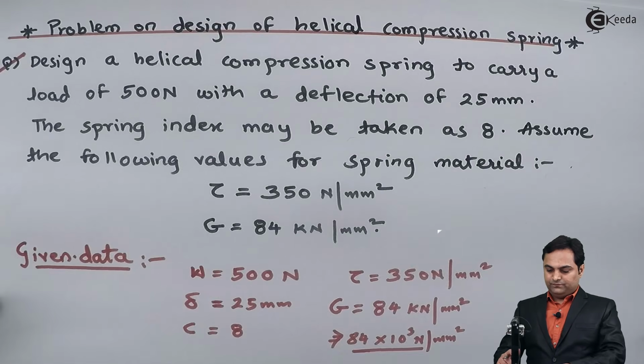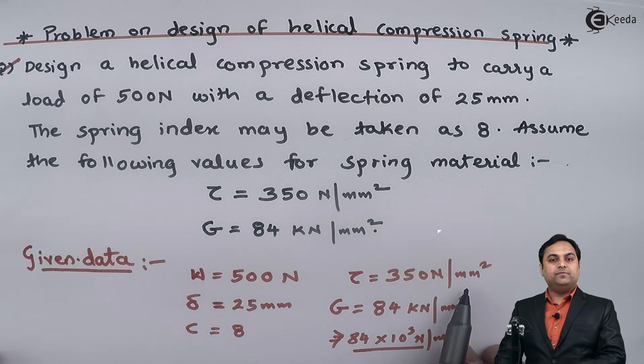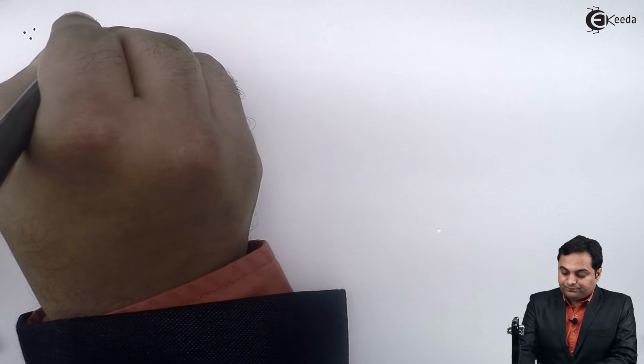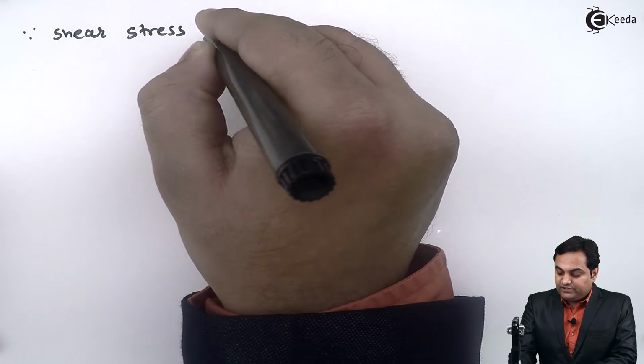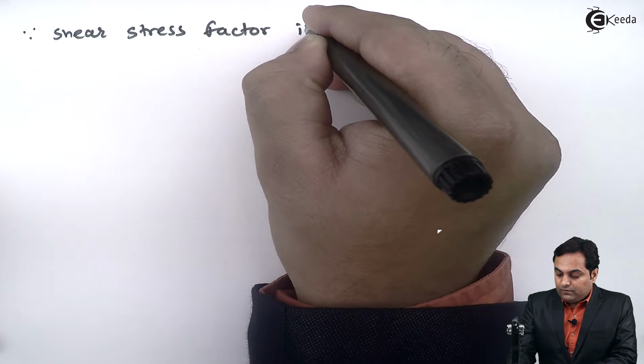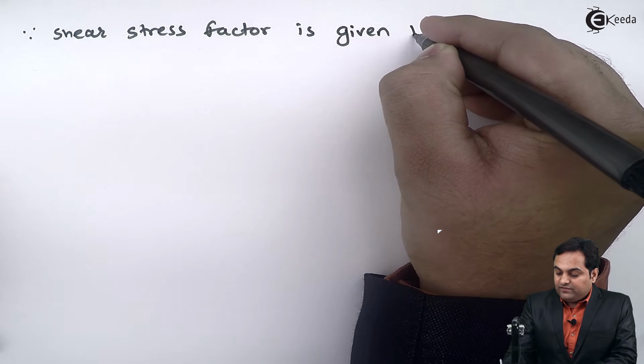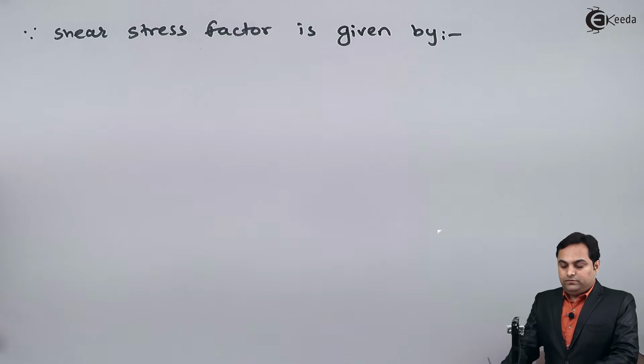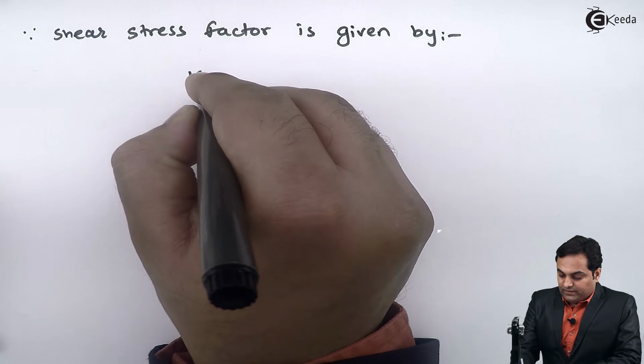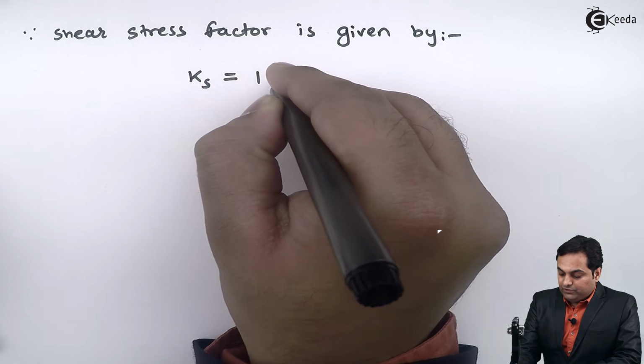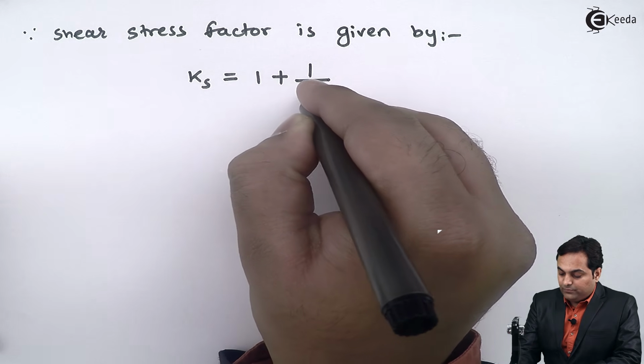Next, now in this problem, as shear stress is given, tau is equal to 350 Newton per mm square. So here I'll calculate the shear stress factor, since shear stress factor is given by K suffix S is equal to 1 plus 1 upon 2C.